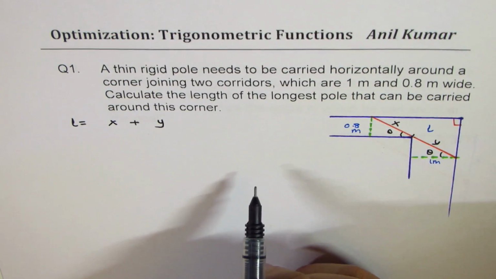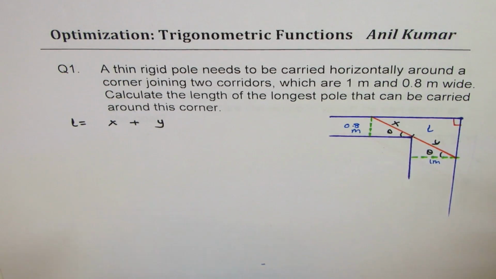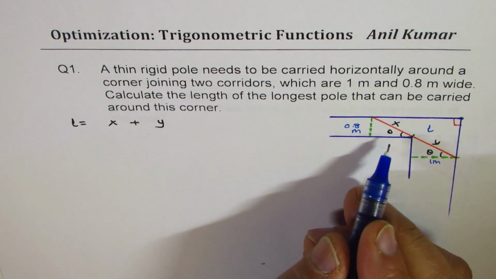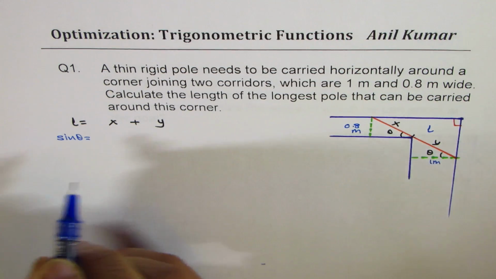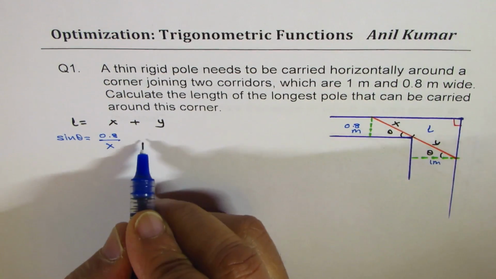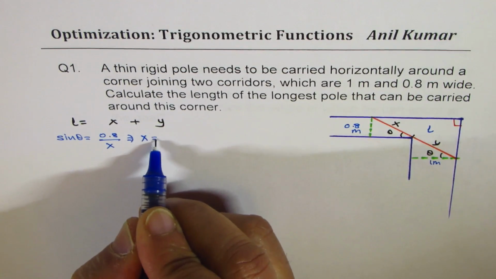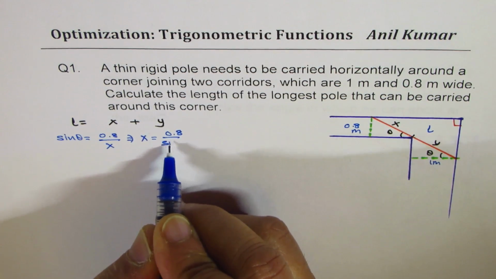Now what is x equal to? If this is theta, so we can say in this triangle sine theta is equal to 0.8 over x, and that gives you x is equal to 0.8 over sine theta, correct?